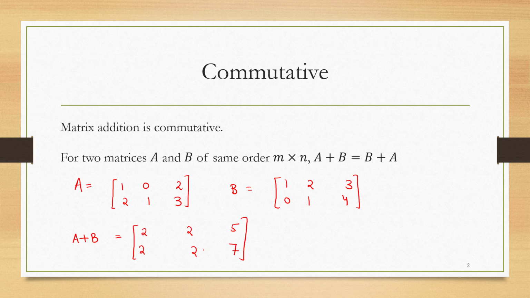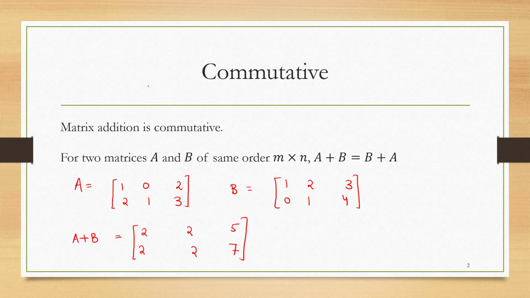Now we calculate B plus A. In writing B plus A, we are going to write B first. B is 1 2 3, 0 1 4.